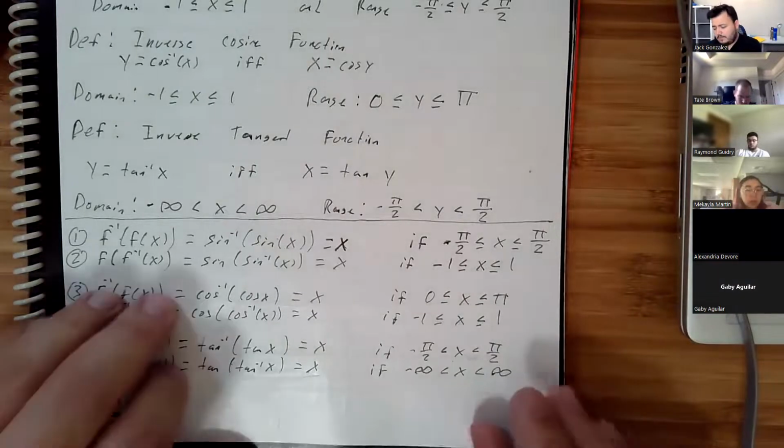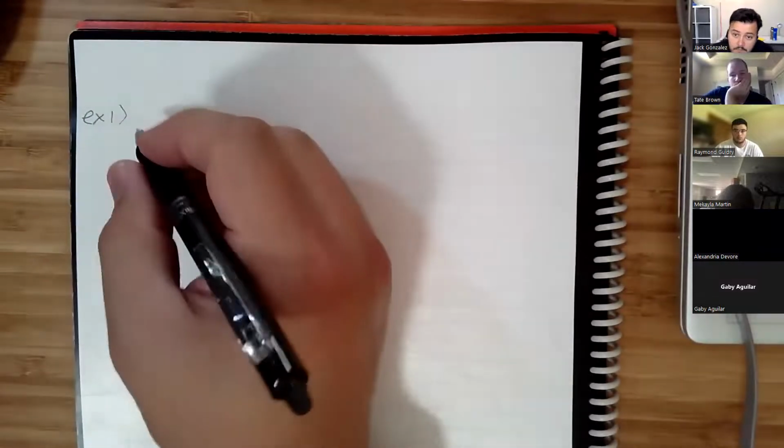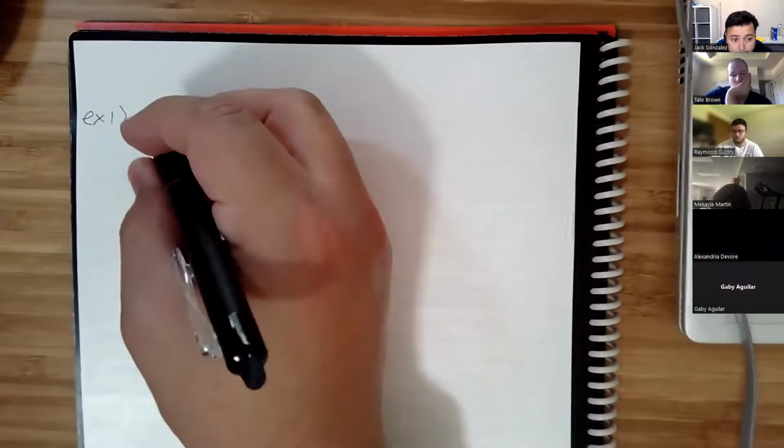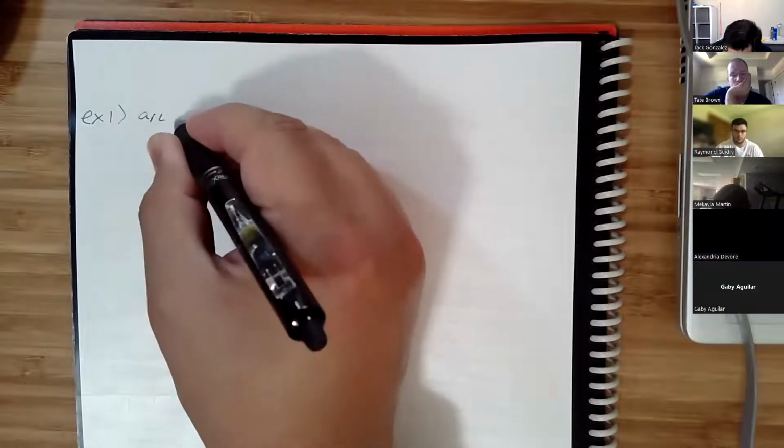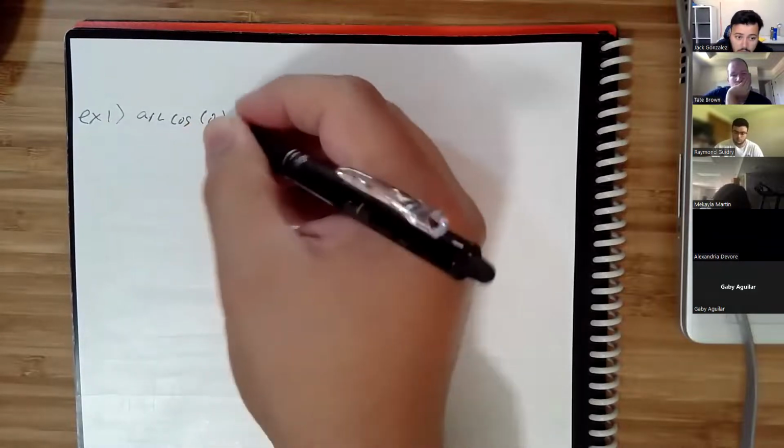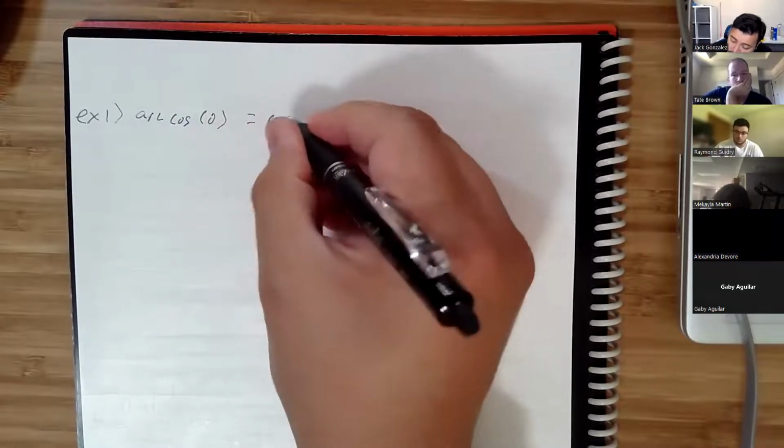So let's write that down on paper really quick. There's a couple of examples, I guess. Example 1. Let me fix that blurriness, one second. Okay. So arc cosine of 0, which is the same as cosine inverse of 0.